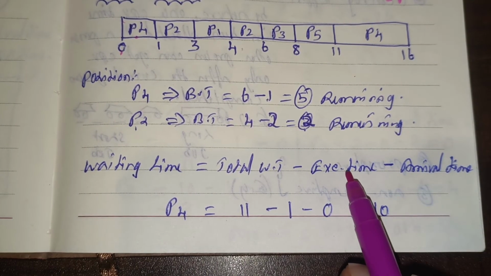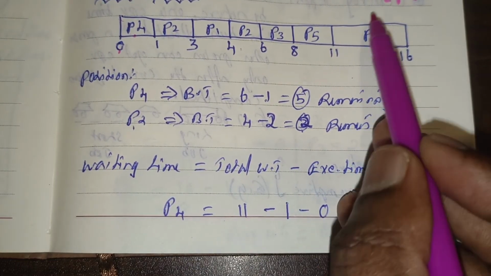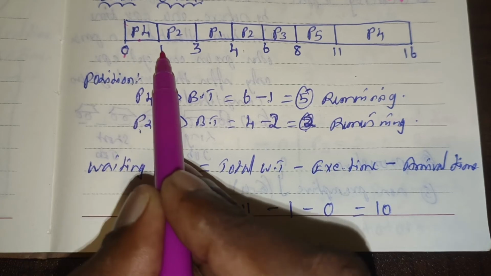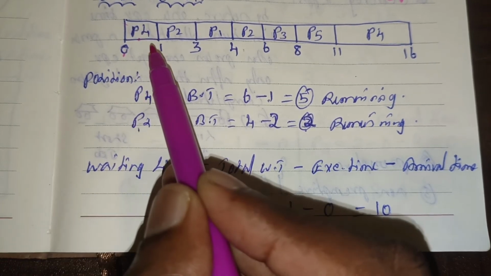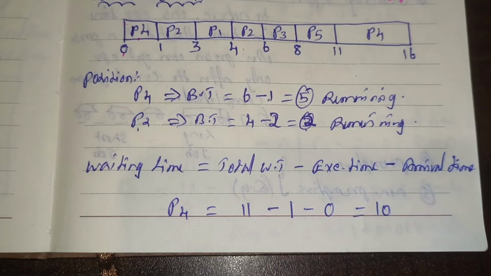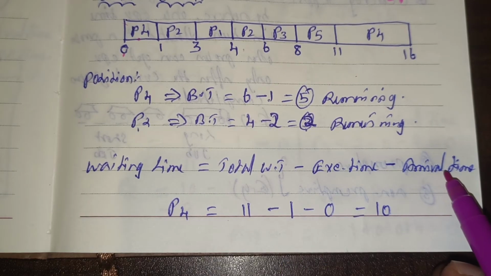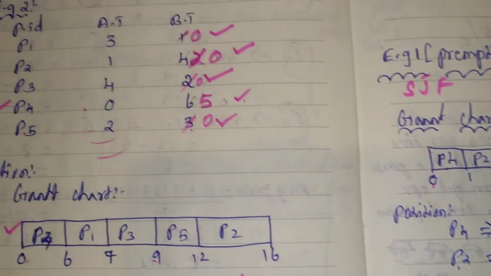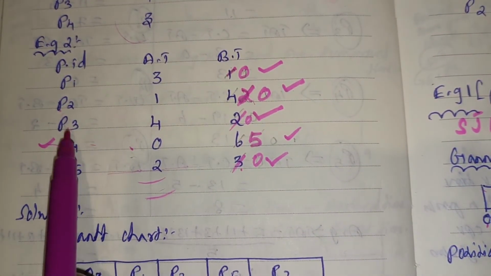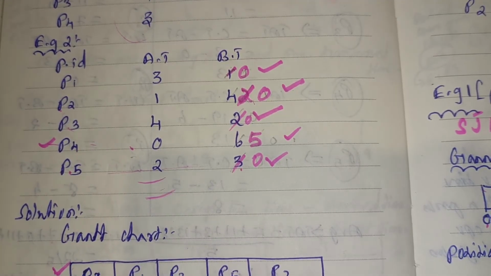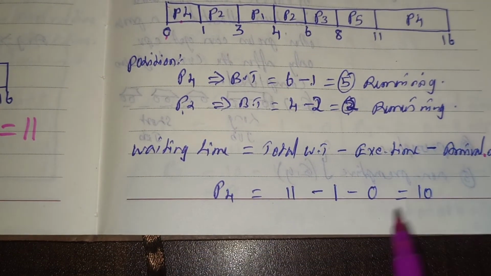What is the execution time for this P4? Before this, what was the execution time? It executed from 0 to 1. That means how many minutes? Minutes or seconds? 1. So that is what is here. And what is the arrival time for this P4? You can check this table. P4 arrival time is 0. So that is what is mentioned here.